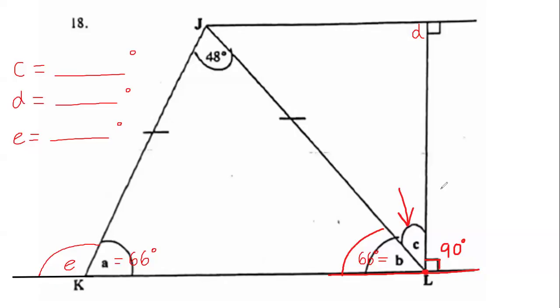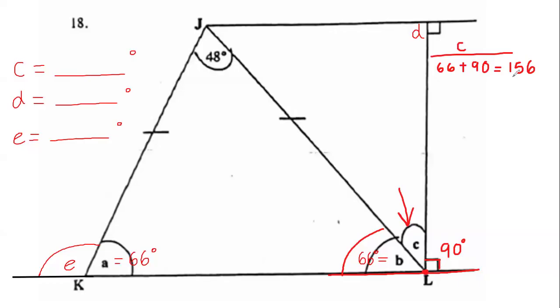24 degrees. All right, how do we do that? For C, the first thing we're gonna do is add 66 plus 90 degrees. That's 156.